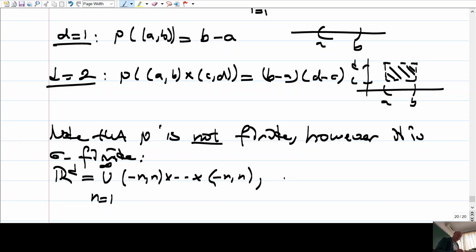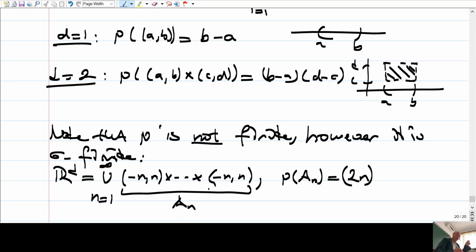Here, each A_n has measure: each side has length 2n, and I have d sides, so the total measure is just 2 times n to the power d.